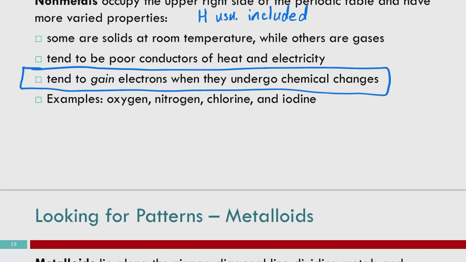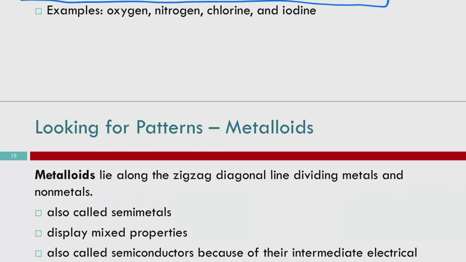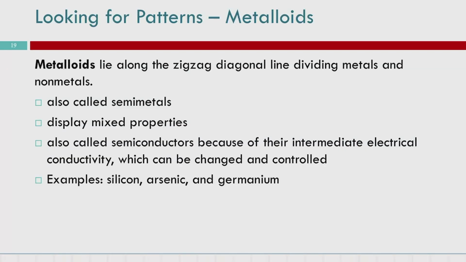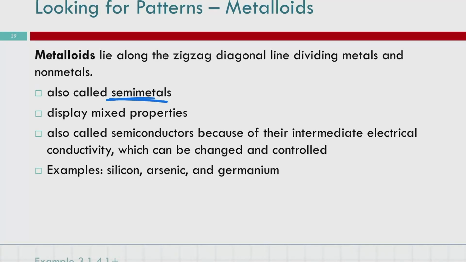And then in between our metals and our nonmetals, we've got things with intermediate properties that can also be kind of weird. Metalloids or semi-metals. These display mixed properties. They're also called semiconductors because of their intermediate electrical conductivity.